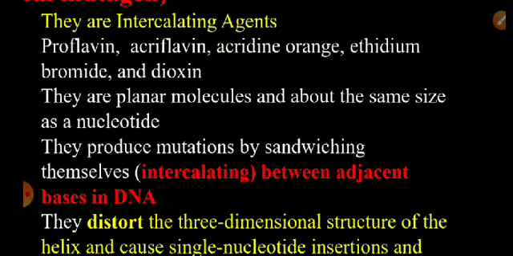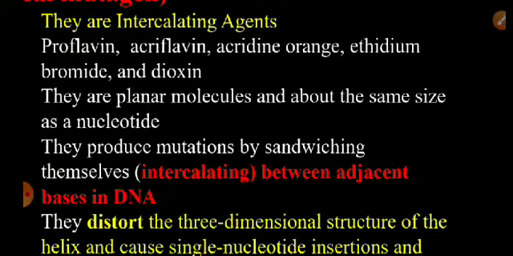Okay, and how do these agents cause mutation? These intercalating agents, for example proflavin or acriflavin or acridine dyes, get intercalated between two nitrogenous bases. That means they get sandwiched between two nitrogenous bases.